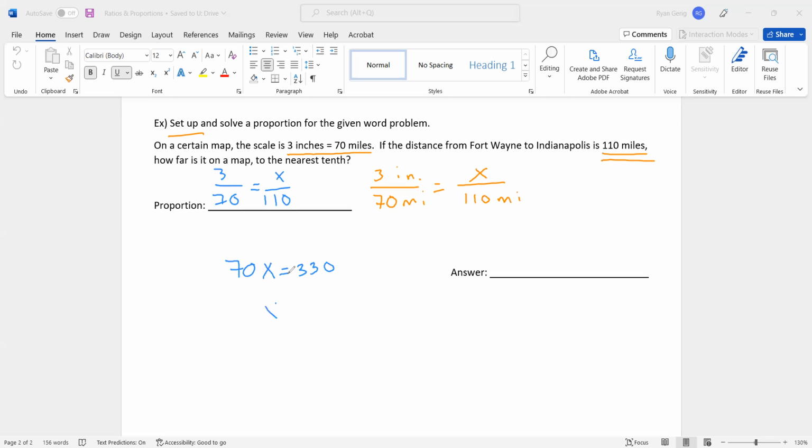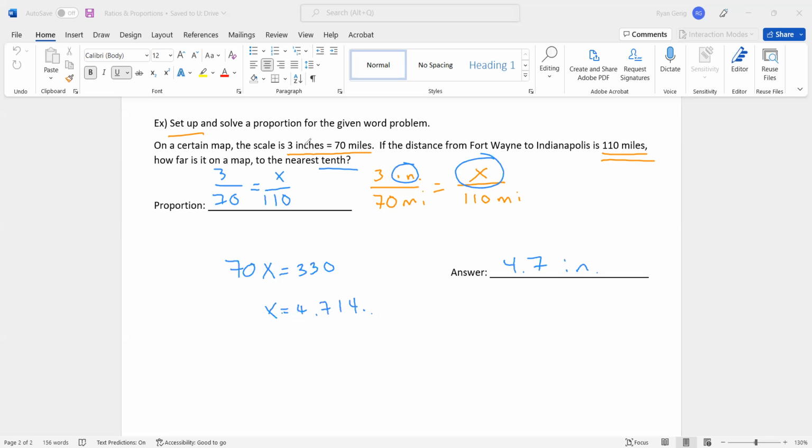You get like 4.714. I didn't say what to round it to. Oh, wait, yeah, I did. To the nearest 10th. So 4.7. And make sure you understand the label here. X is in inches. So 4.7 inches on the map.